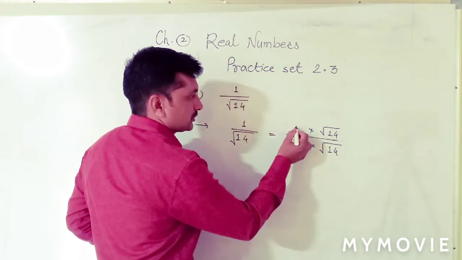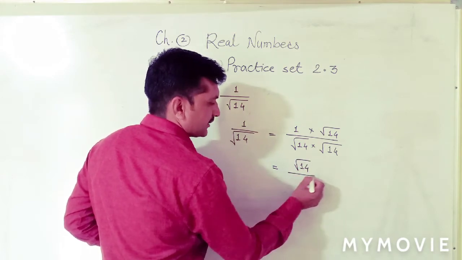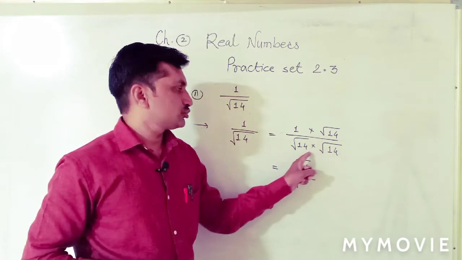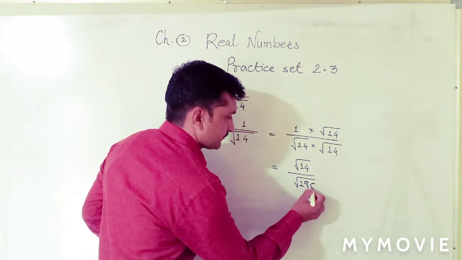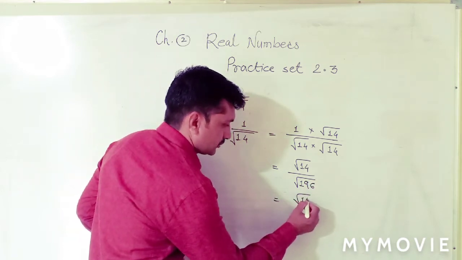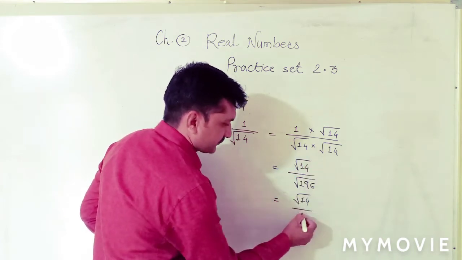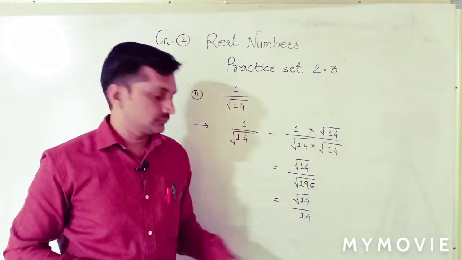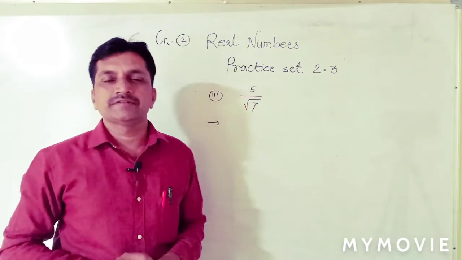It is equal to, now 1 multiplied by square root of 14 is square root of 14, divided by the product of these, square root of 14 into 14, 196, which is equal to square root of 14 upon square root of 196, which is 14 itself. The denominator is rationalized.